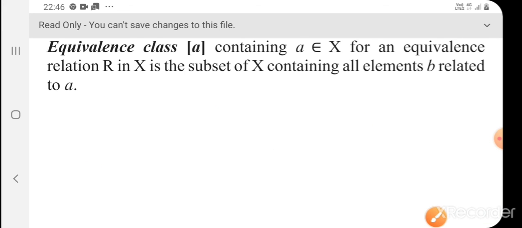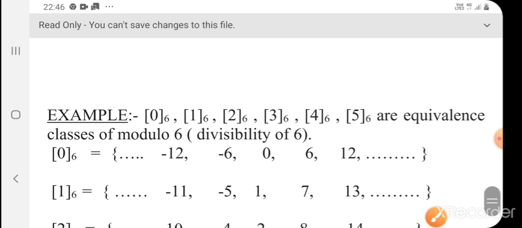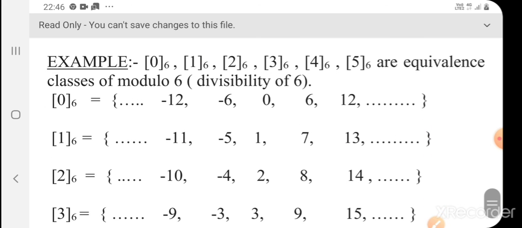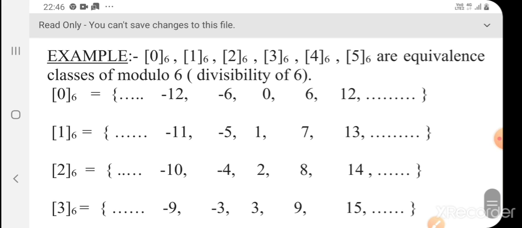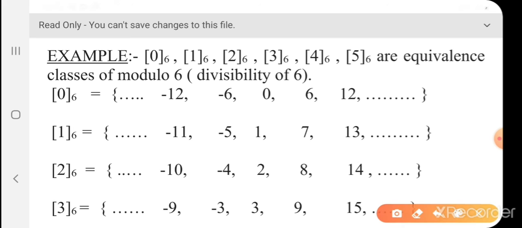Now take one example, that of divisibility by 6. The 0 equivalence class, 1 equivalence class, 2, 3, 4, and 5 equivalence classes are the equivalence classes of modulo 6, or you may say the divisibility by 6.